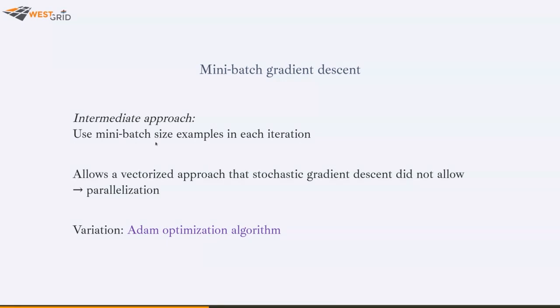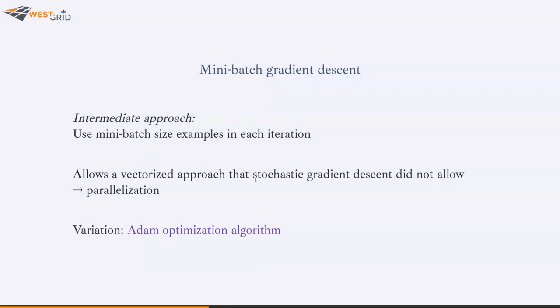So a third and kind of intermediate approach that is very popular is called mini-batch gradient descent. It's much faster than the full batch because your mini batch, and you choose the size of your mini batch, is only a subset of your full data set.